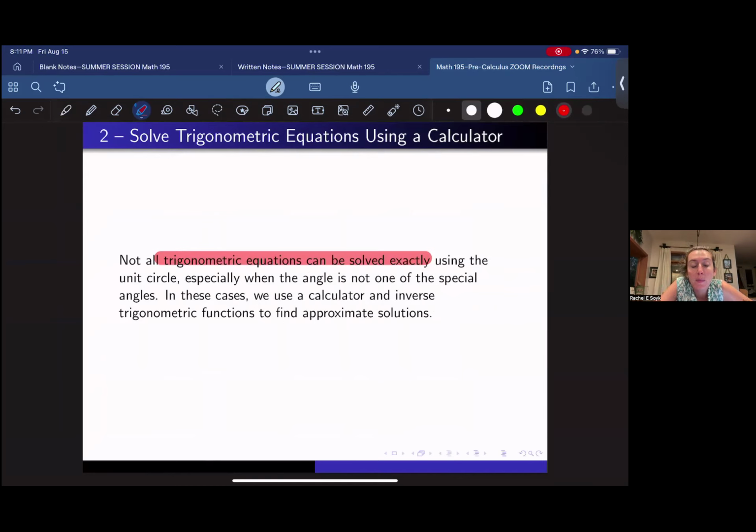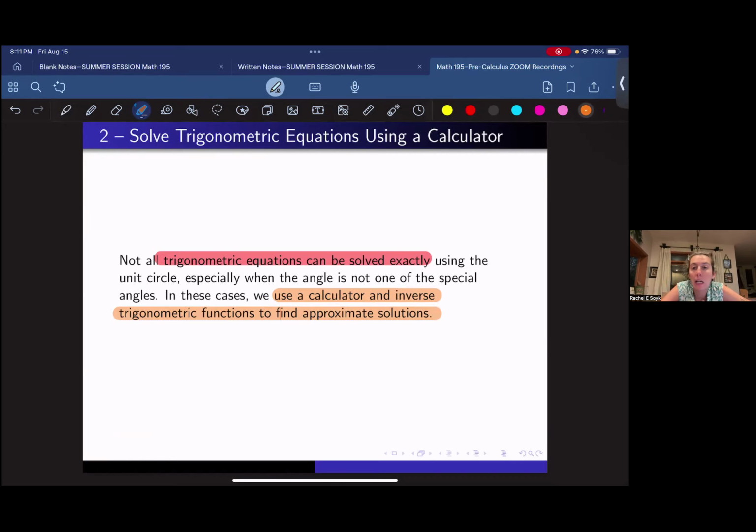In those cases where we can't utilize our unit circle and our special angles, we need to really rely on the use of our calculator and those inverse functions on our calculator. So we use a calculator, let me put this in orange, to find our approximate solutions.